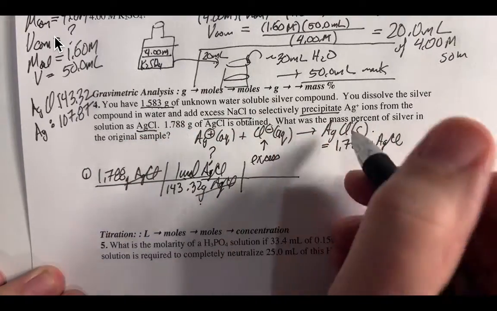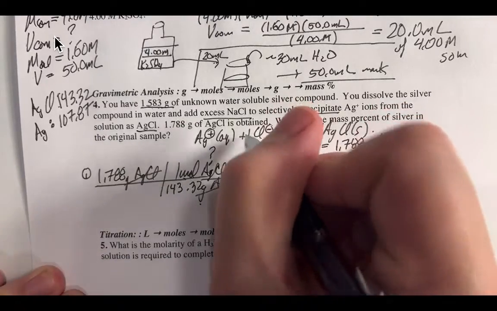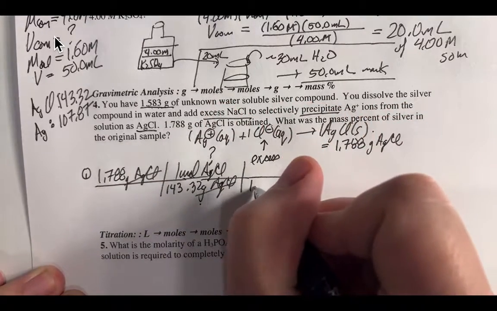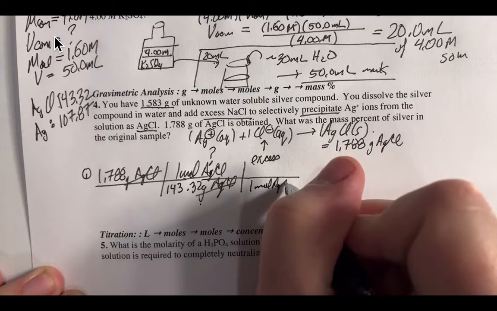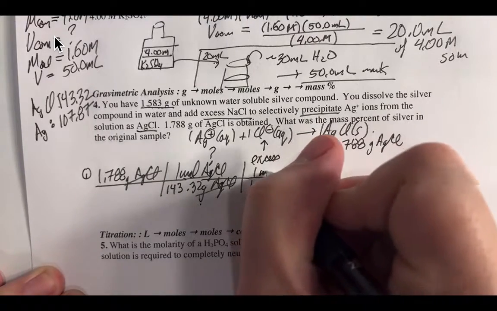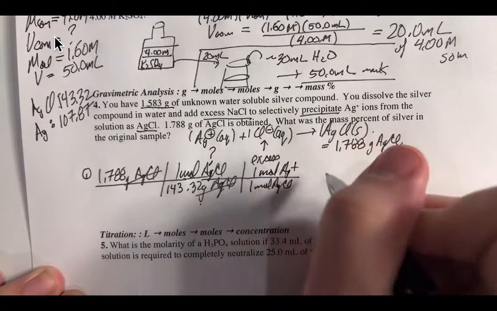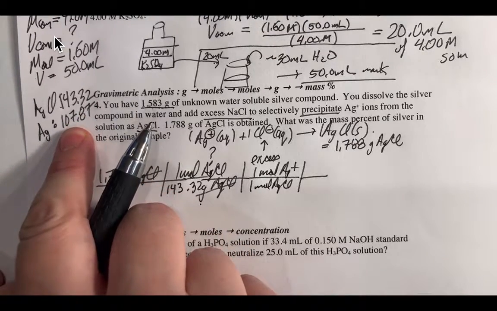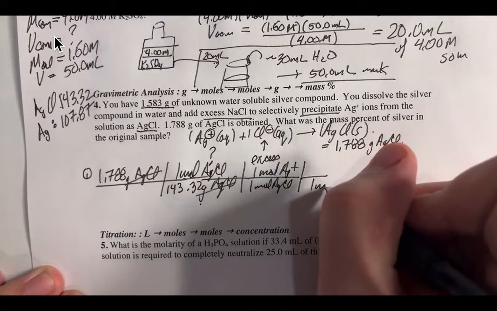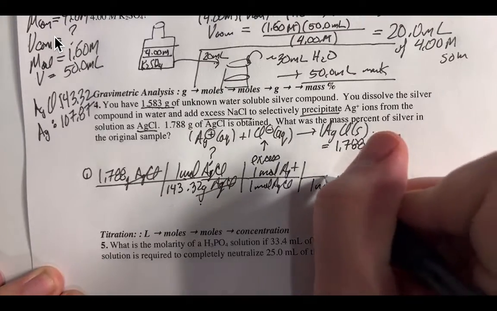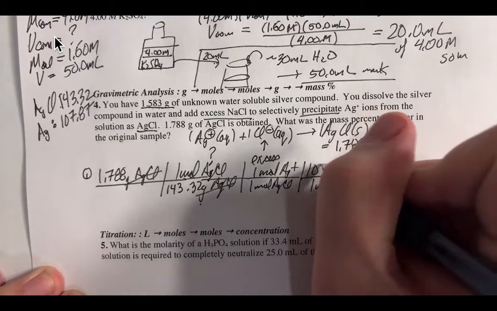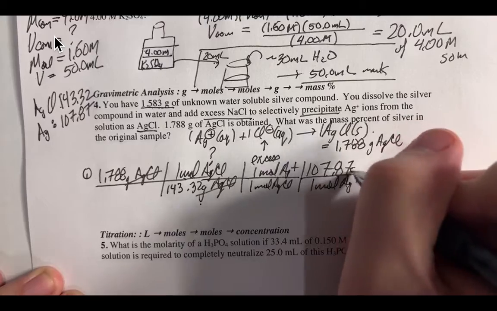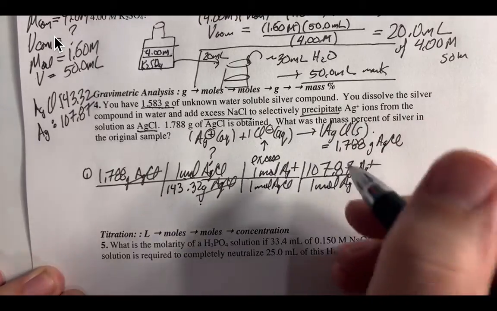From the molar ratio up here, everything's 1 to 1 to 1. So 1 mole of silver chloride contains 1 mole of silver. And then finally, I have the molar mass for silver up here. 1 mole of silver has a mass of 107.87 grams of silver.